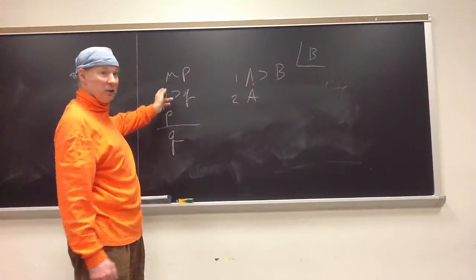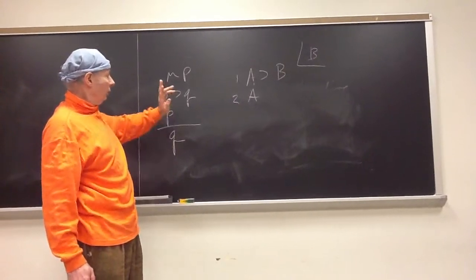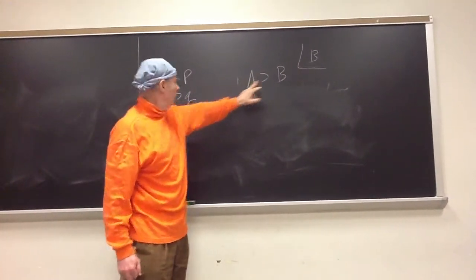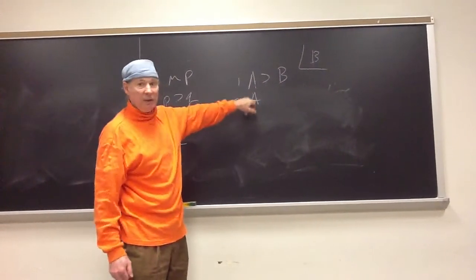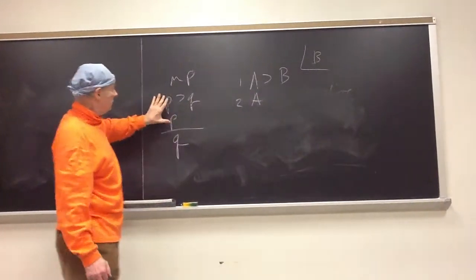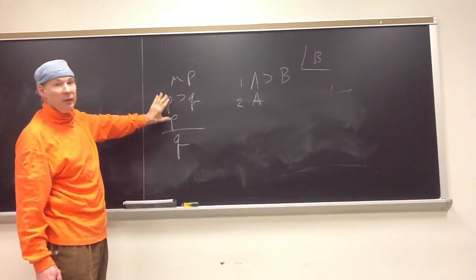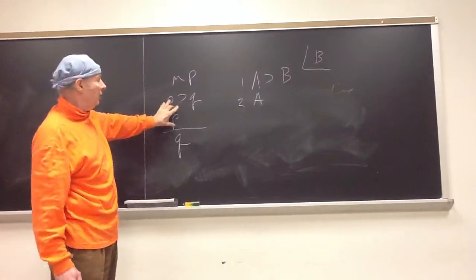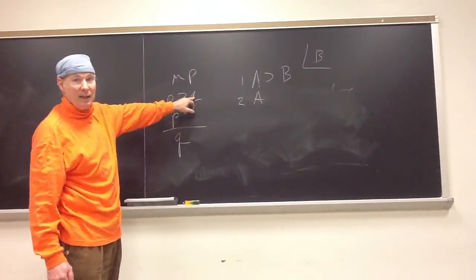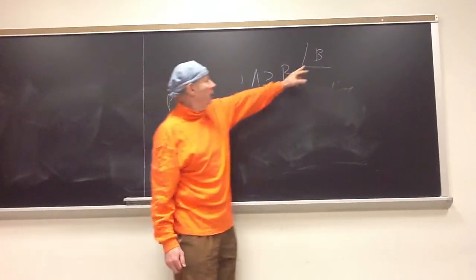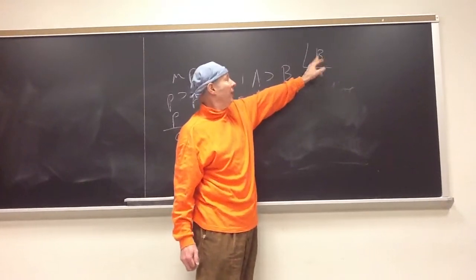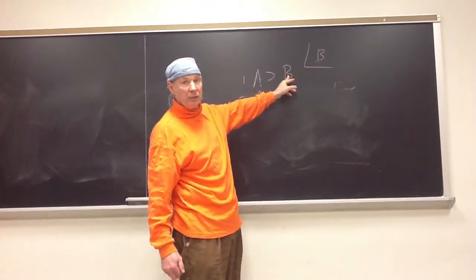And this is the only rule that'll do it. Look, you've got a horseshoe, you've got the left-hand side of the horseshoe, and so modus ponens says when you have those two ingredients, you can infer the right-hand side of the horseshoe. And notice that's what you want to infer. That's the right-hand side of the horseshoe.